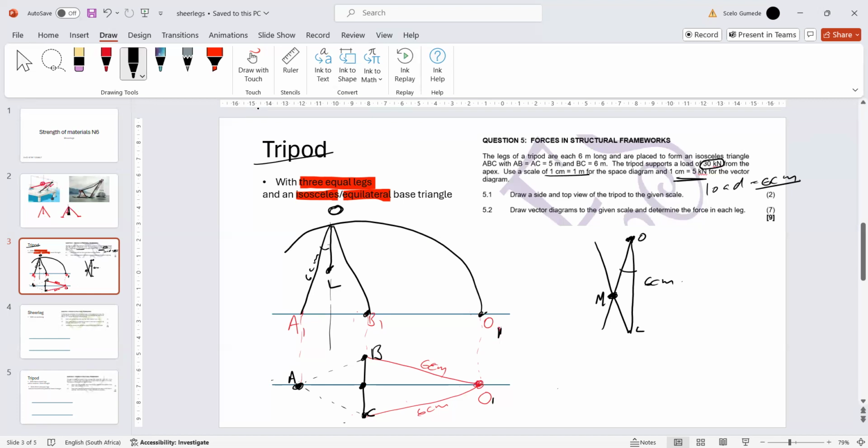But this line here of OM must be the same as that one of OA, and that line of ML must be the same as the line of BO in terms of how it should look. All right. Now, that is OM right there. I'm just going to pause a little bit and then I'm going to continue to show you how the rest moves.